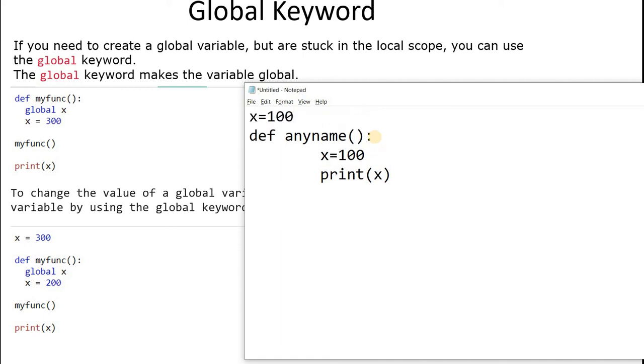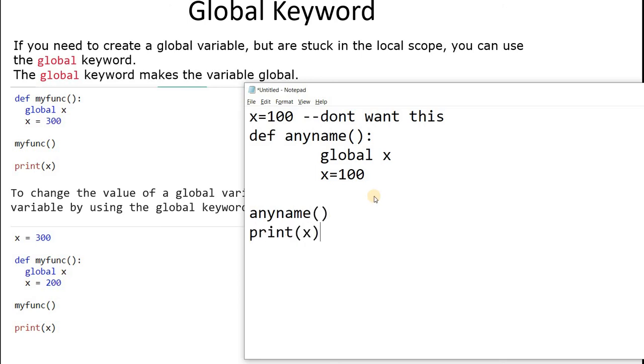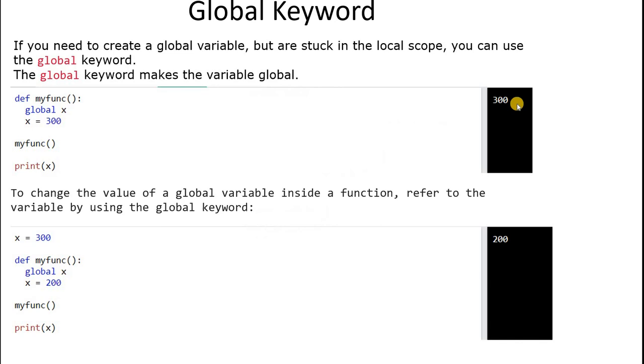You want to make this value global. So what you have to do is simply write global x, and x equals 100. And if I have to see the output, I would call the function and print x. You would see that the output will be 100.